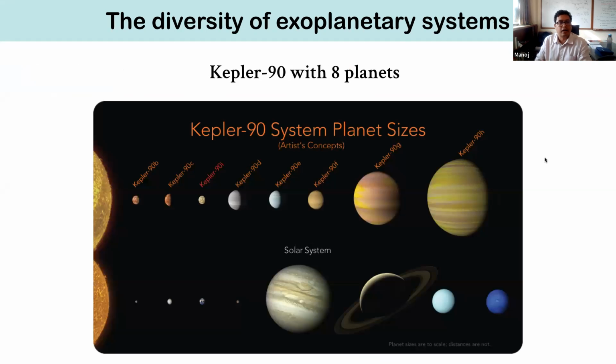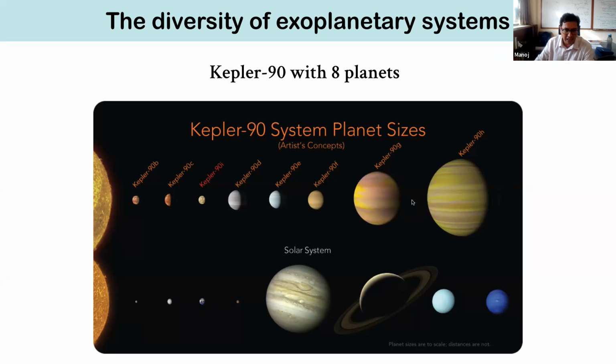And you also have Kepler 90. Until about 2017, the solar system was the only planetary system with 8 planets. Not anymore. Kepler 90 has 8 planets, and the planets are stacked together roughly with the terrestrial or rocky planets inside and the giant planets towards the outside.